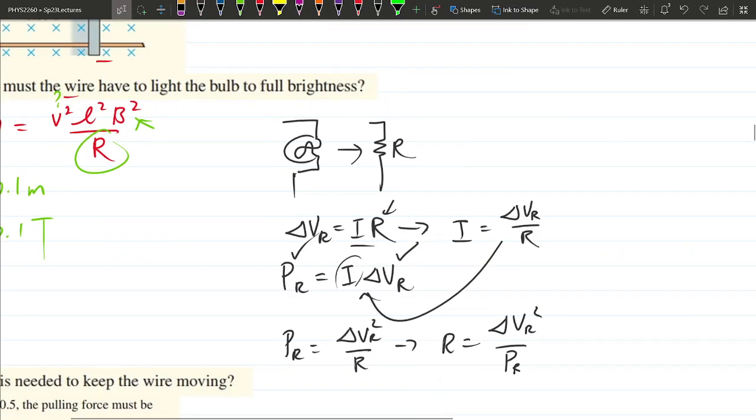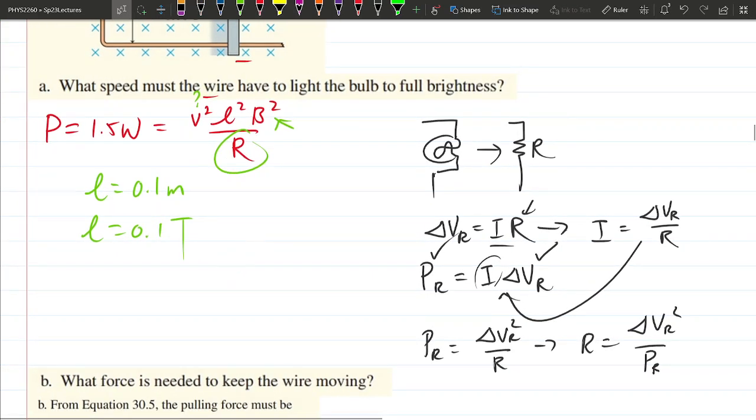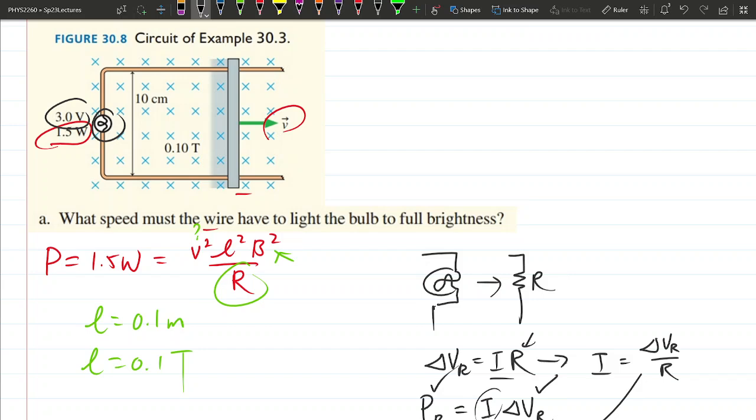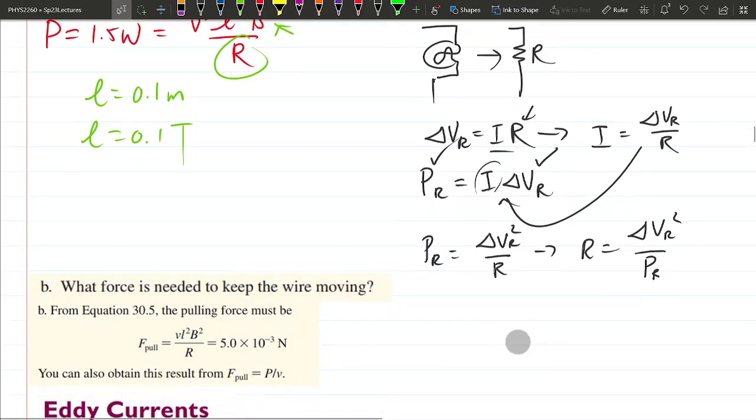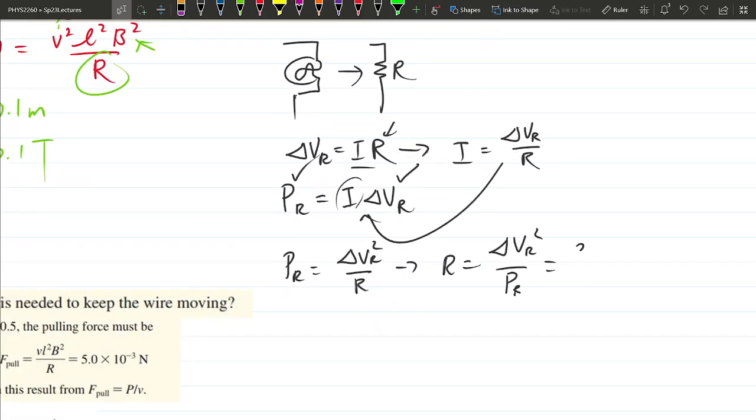And these are the things that are given to us on the diagram. If we go up here, the voltage across that resistor, that's actually a light bulb, is 3 volts. The power is 1.5 watts. So this is actually 3.0 volts squared divided by 1.5 watts.